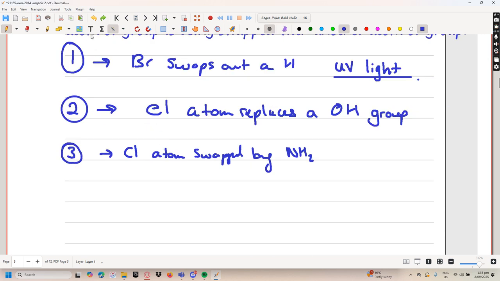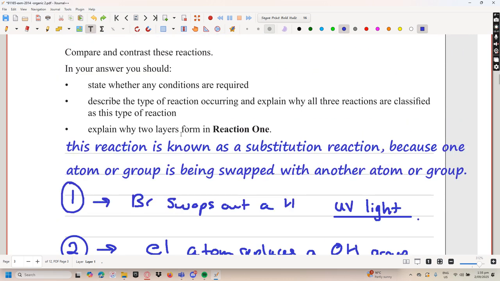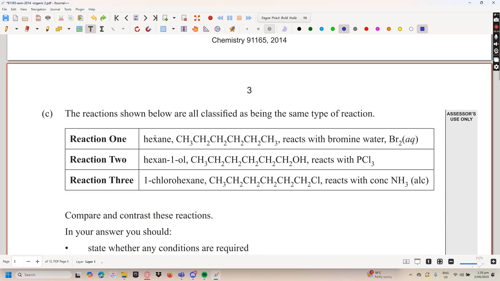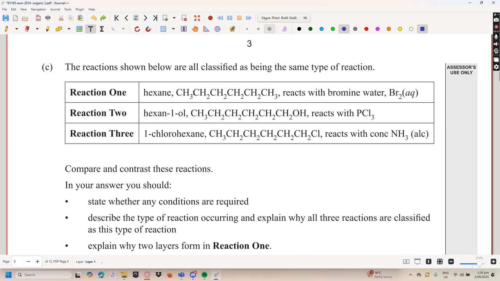Okay, so now we need to explain why 2 layers were formed in reaction 1. So hexane is this big molecule, this really long thing. It's non-polar, and bromine water is also non-polar, but it's very small. When this reacts, the hydrogen bromide creates bromide ions in the water.